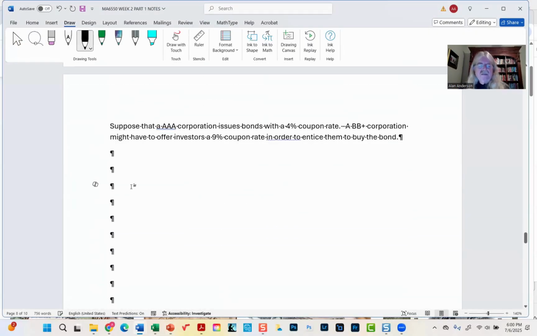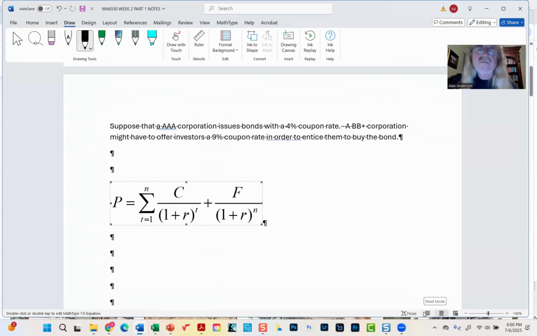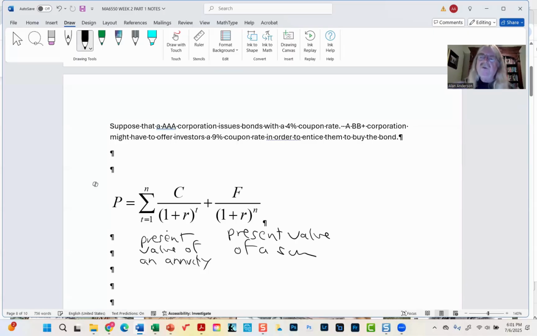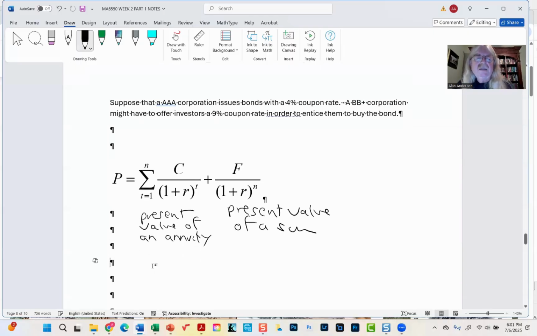But you can see more clearly maybe that what you have here is the present value of an annuity, and the present value of the sum. And so you really realistically only need the two terms to come up with the price of a bond.